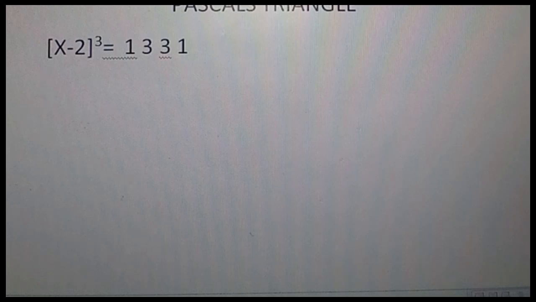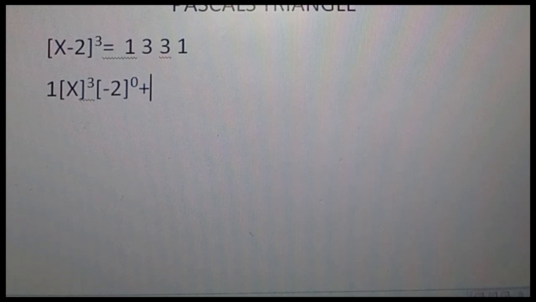We start from 1, open bracket, x, close bracket, to the power of 3, because our n is 3, multiplied by open bracket negative 2, close bracket to the power 0. Then plus. The power of x, 3, will be decreasing and the power of negative 2, starting from 0, will be increasing.